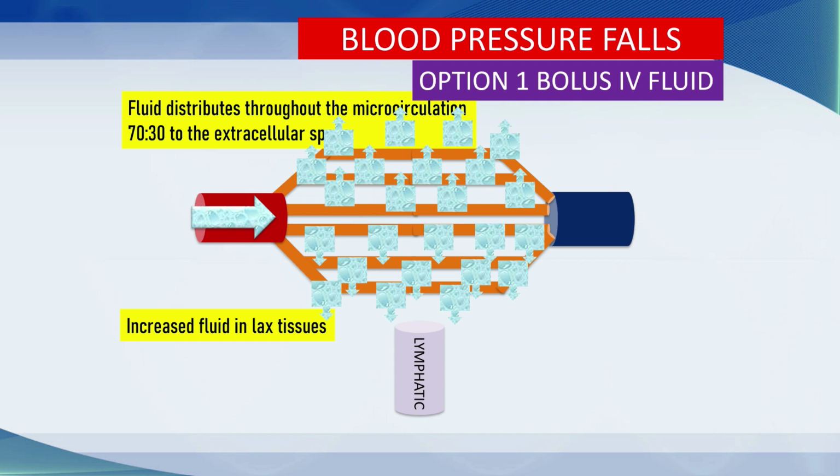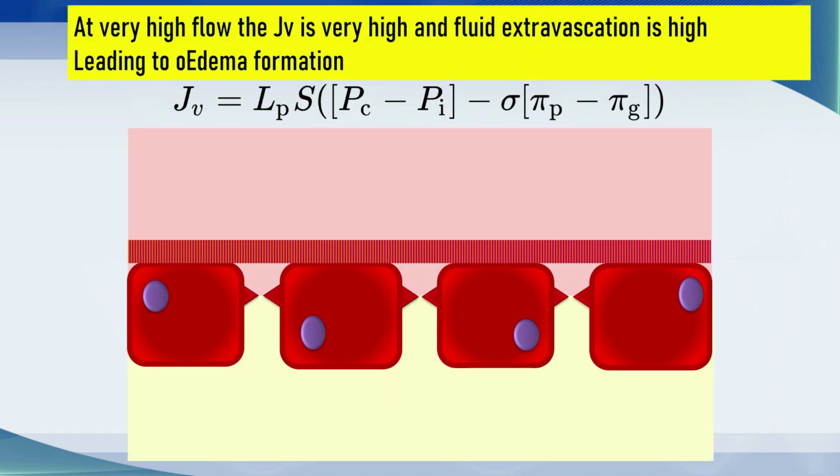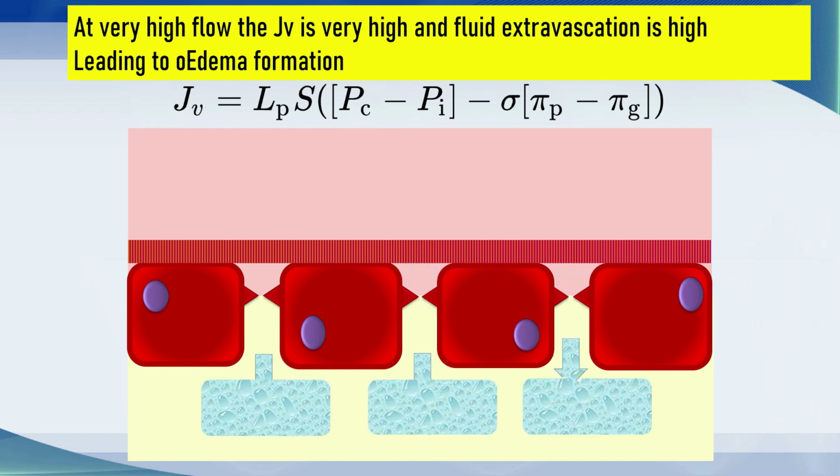So you just get a whole pile of that volume going out into the interstitial space with very, very little benefit. And the reason for this is that at very high flow, the JV is very high and fluid extravasation is high. And unfortunately, that results in significant edema formation. Remember, your patient at the beginning of anesthesia is relatively euvolemic. They're just vasodilated. And you can cause a lot of tissue edema very quickly by putting fluid in under pressure.